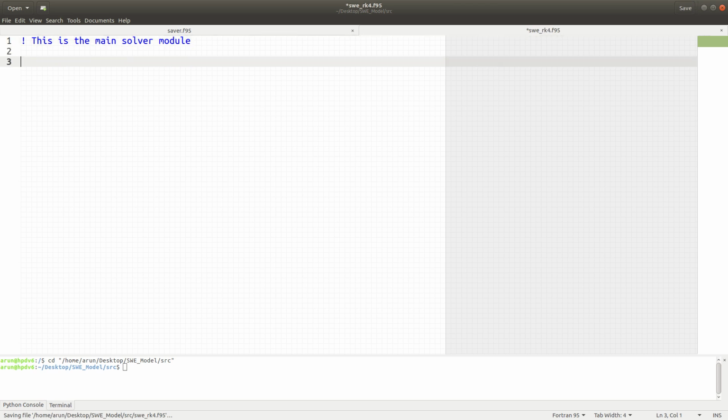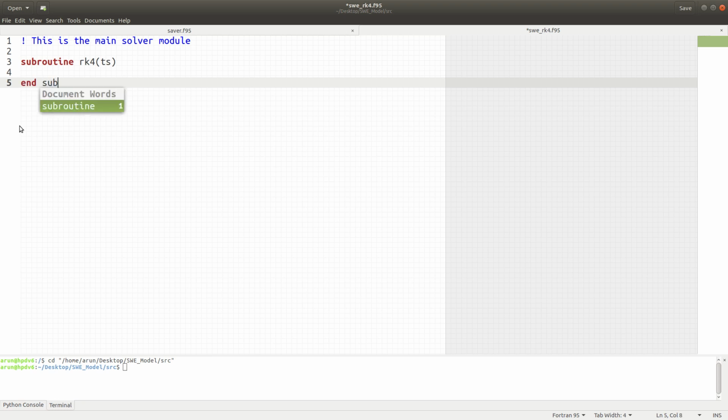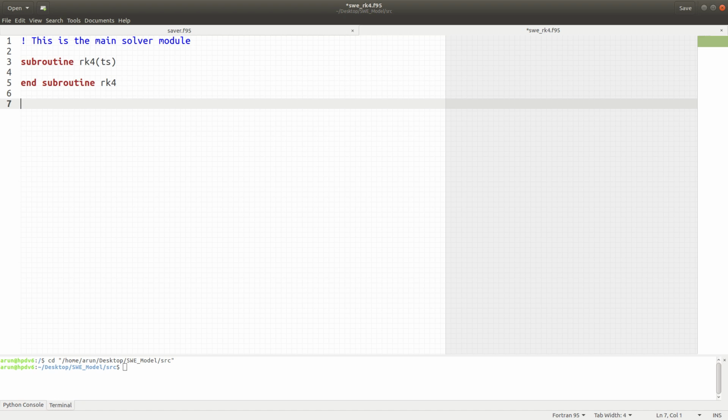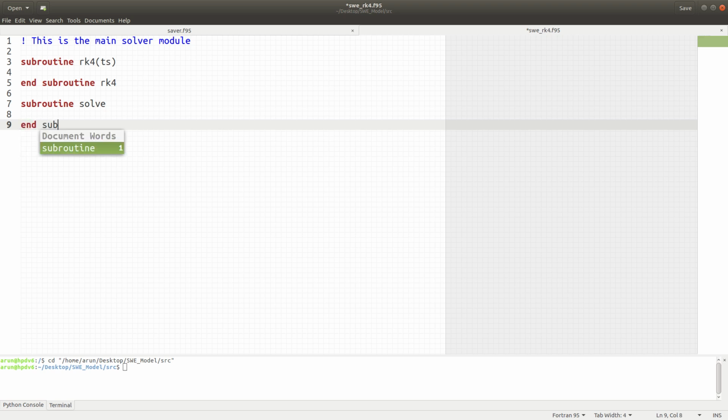Okay, and this is going to contain three subroutines. First subroutine is subroutine RK4. It's going to take a value TS, and then it's going to contain another subroutine called solve.